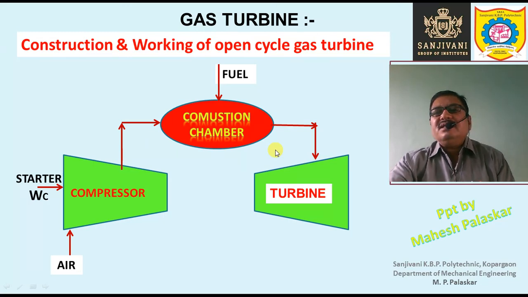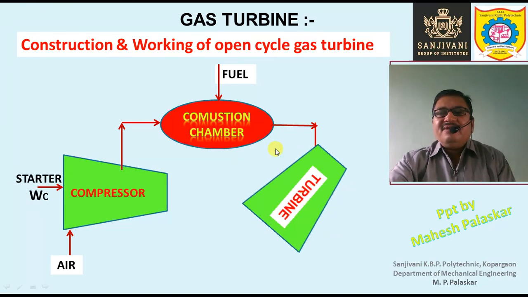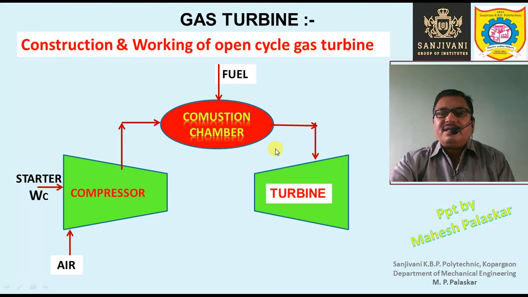The turbine will produce the mechanical power. So due to the rotation of the turbine blades and the complete turbine assembly, you will find that power is produced, because the expansion of the gases takes place inside the turbine.